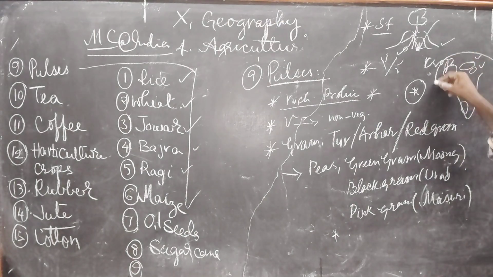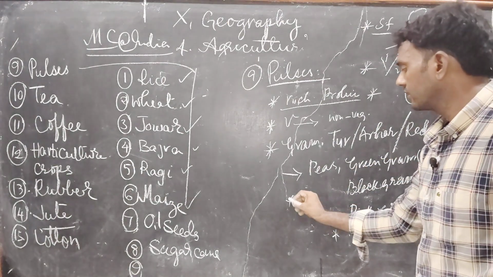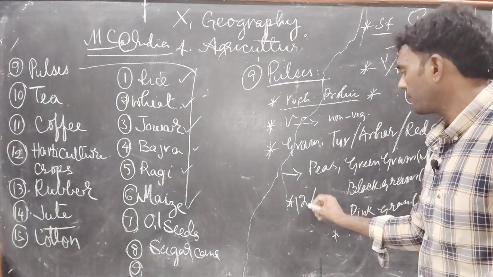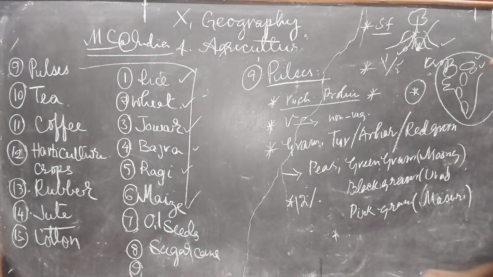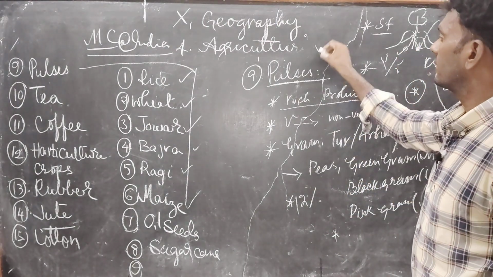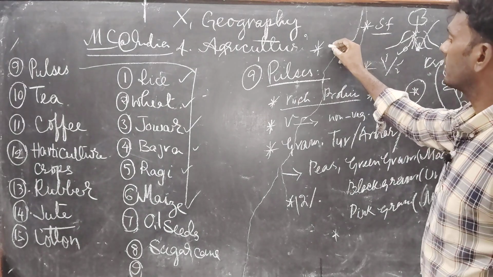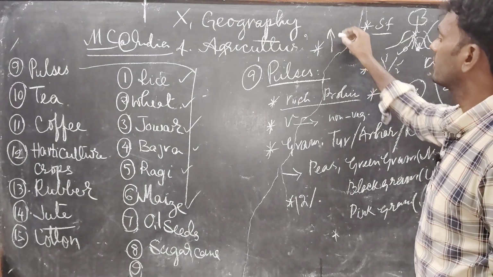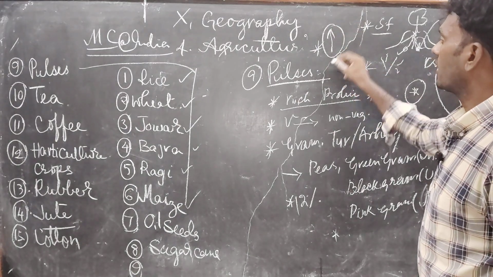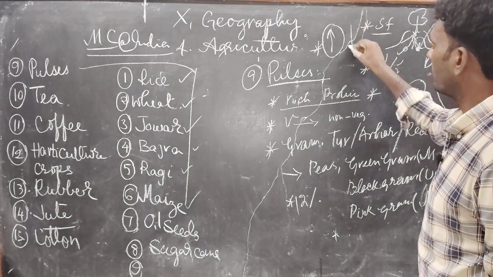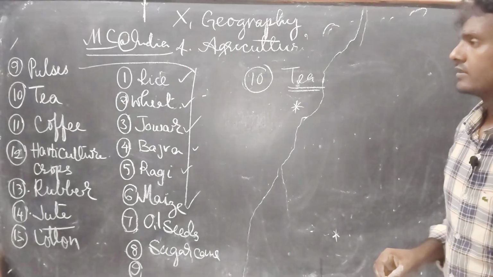These are the highly producing states of pulses. These pulses occupy nearly 12% of cropping land. And one more point: worldwide, we are the best producers of pulses, and also we are the number one consumers of pulses.